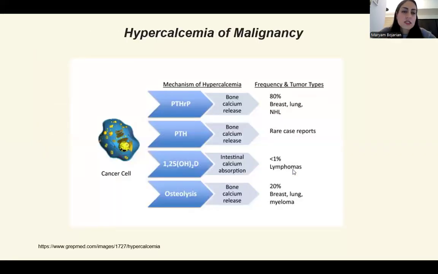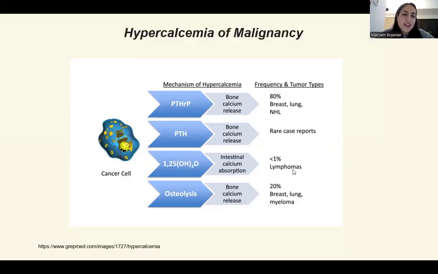Okay, this is another slide about hypercalcemia of malignancy. In about 80% of the cases, we do have excess PTH-RP, in the setting of breast, lung, and squamous cell carcinoma.